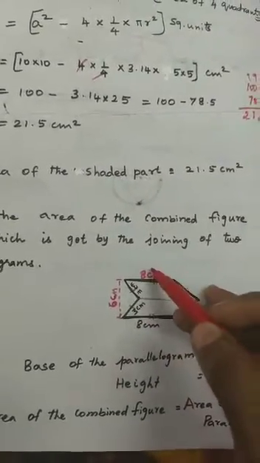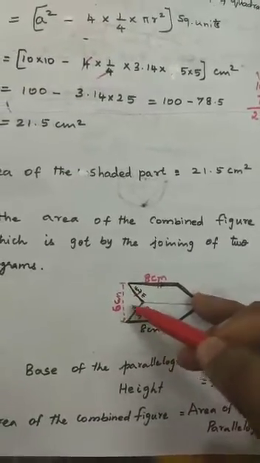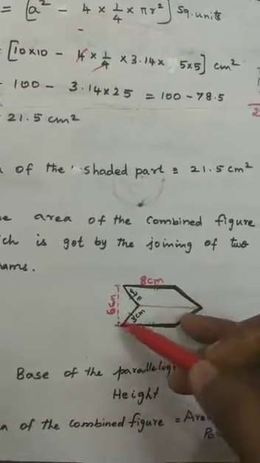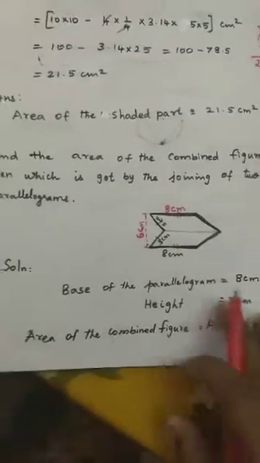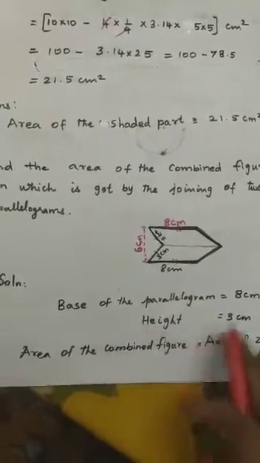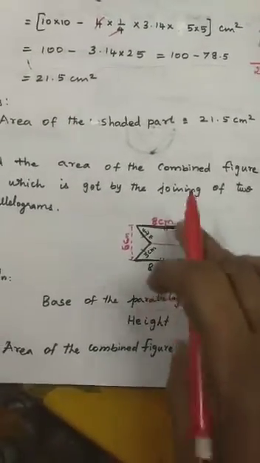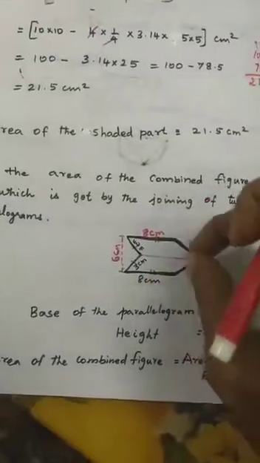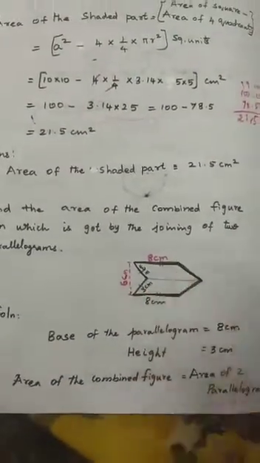That is base is 8 centimeter. Here 6 centimeter height. So you take for this 3 and this 3. Base of the parallelogram is 8 centimeter. Height of the parallelogram is 3 centimeter. Like this we have two parallelograms.